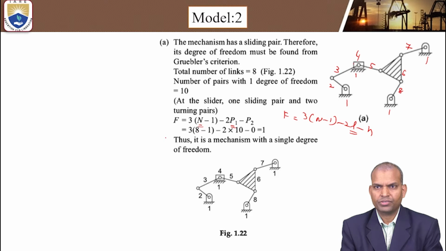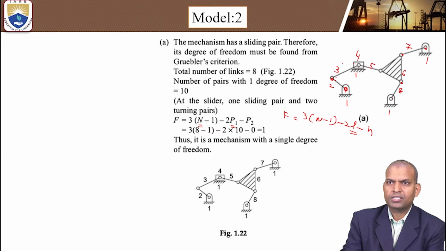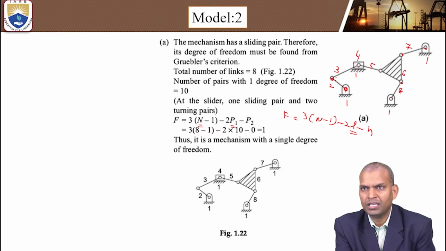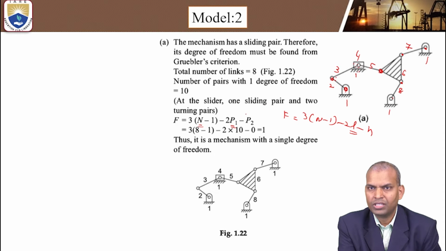This is one joint, 1, 2, and this is a ternary joint. 1, 2, 3, total with this 4. Let me come to this one: 1, 2, 3, 4, 5, 6. How many joints are there? This is the ternary, 6 plus 2, 8. And with this 9, one more joint. It is 10. That is L equal to 10.